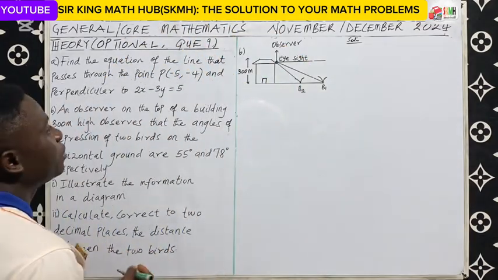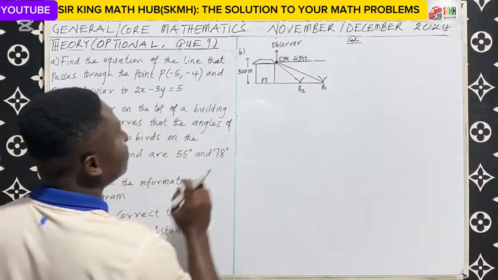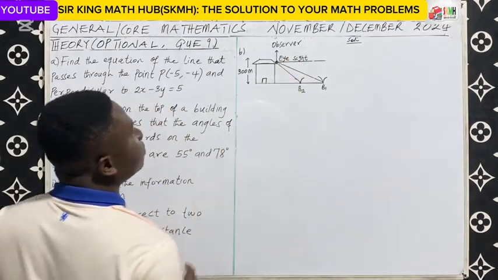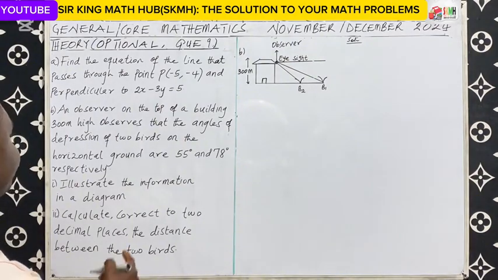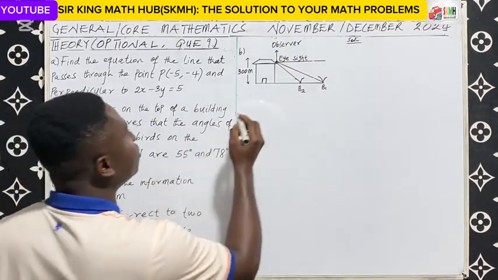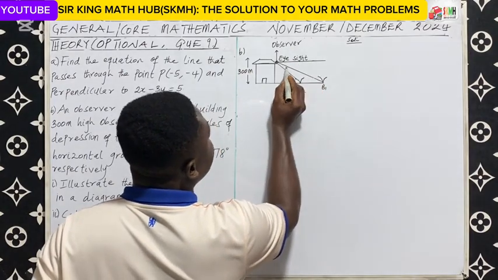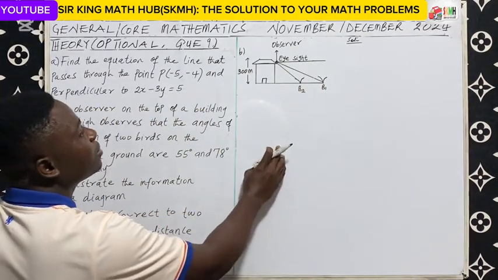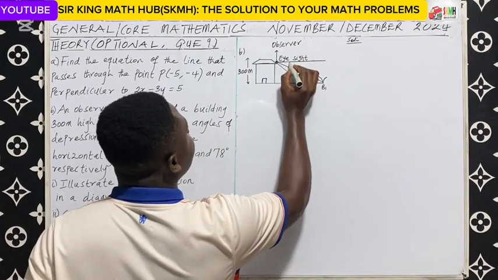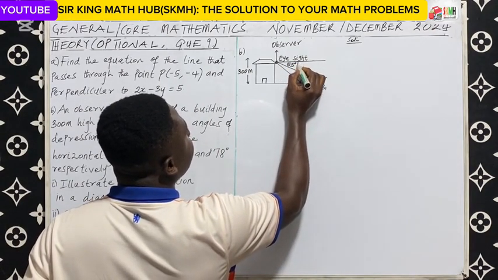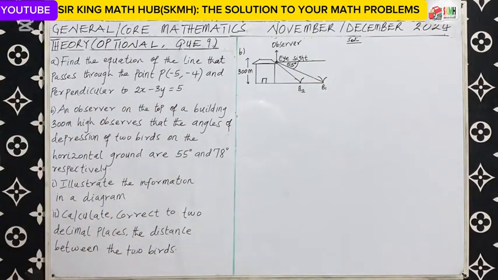Okay, so there's the first bed, there's the second bed. So the angle of depression of the first bed was given as 55 degrees. So from the eyesight to the line that connects to the first bed should be 55 degrees.